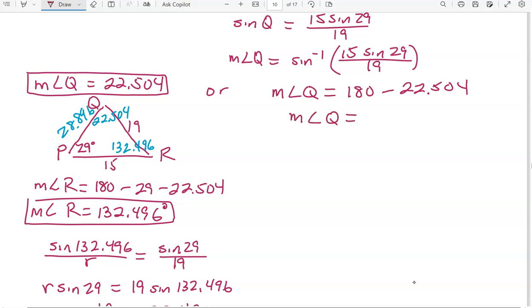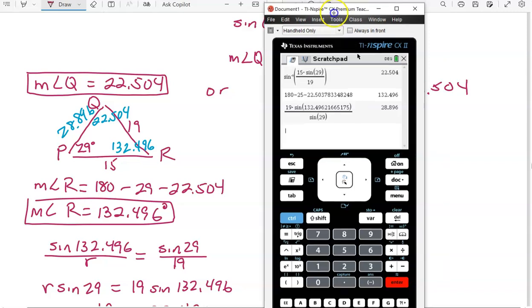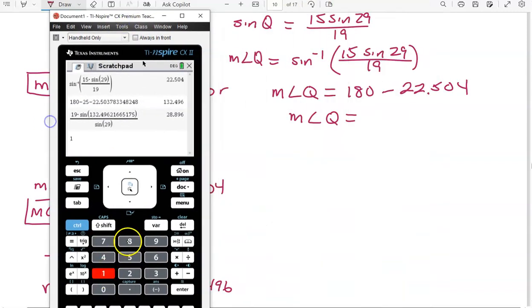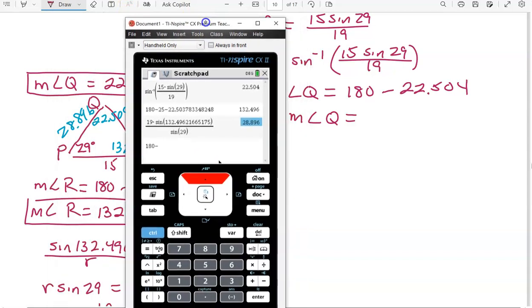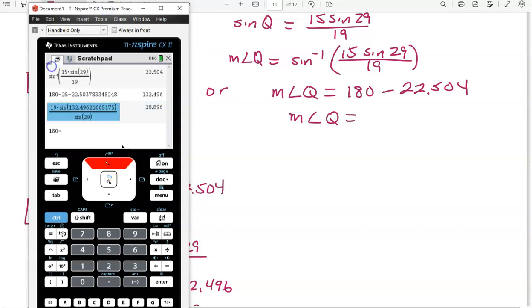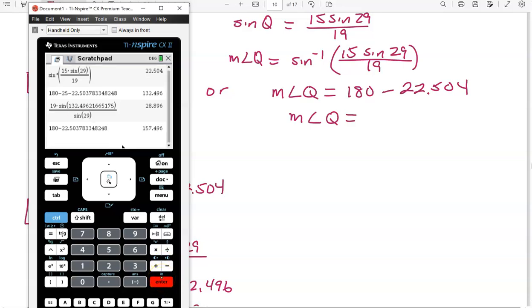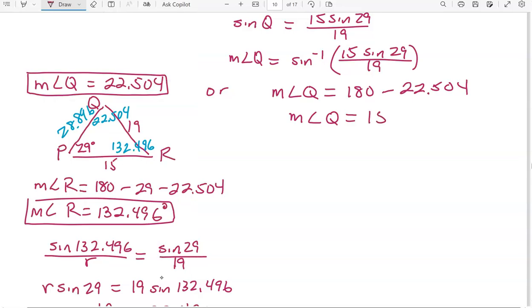So measure of angle Q is equal to 180 minus, and the measure of angle Q that we got in the first solution was 22.504. So I'm just going to go grab that from a previous calculation on the calculator, and it will bring it down with all of its decimal places so that we don't have an accuracy problem in our second solution. And press enter. That gives us 157.496.